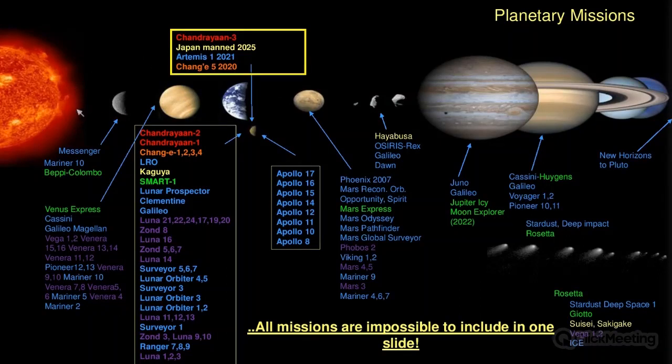So you can see that each of our solar system planets is now visited by some spacecraft, either orbiter or flyby, lander or rover, and by combining information from each of these planets, it tells us about the overall solar system evolution. Some of this we will discuss in detail in subsequent slides.